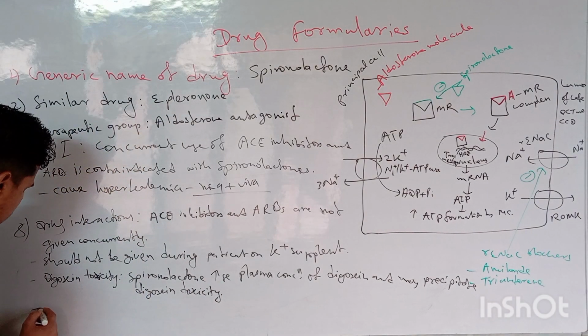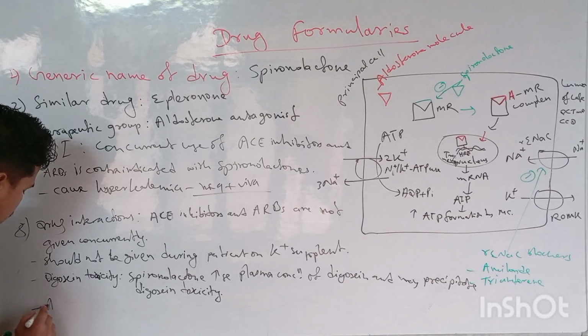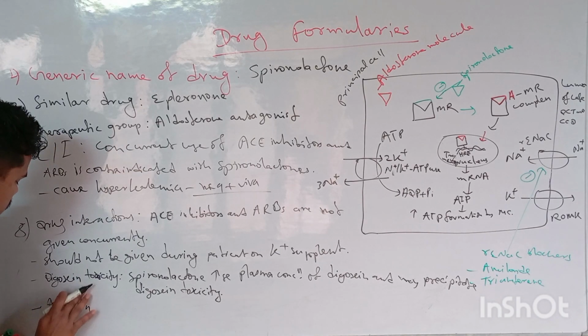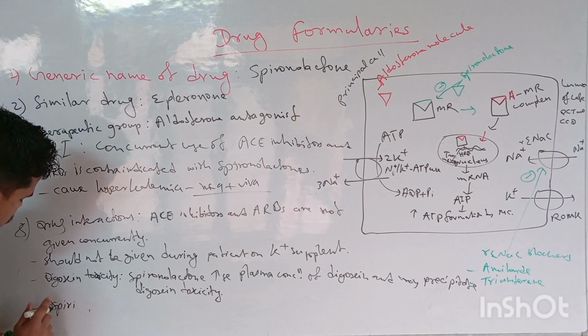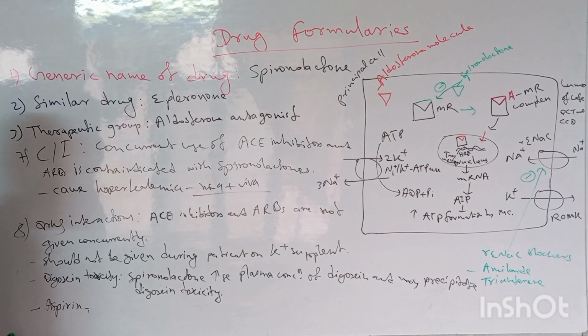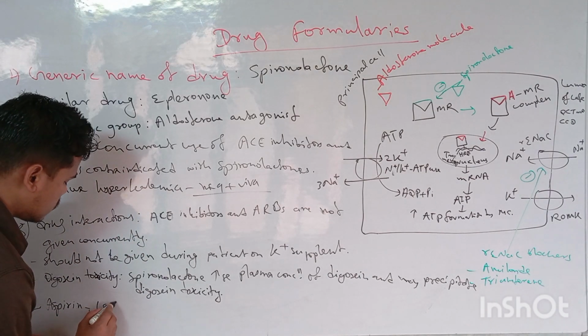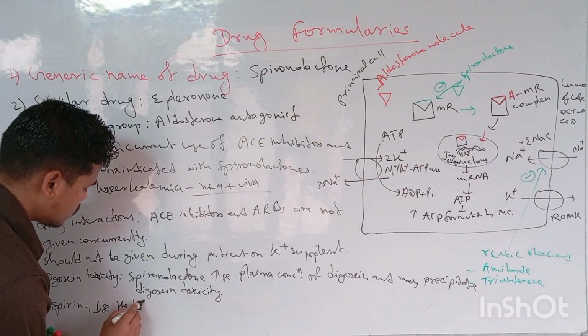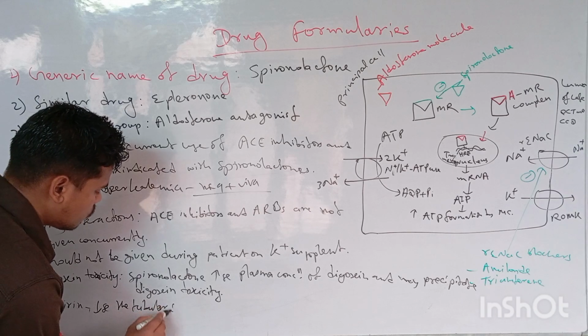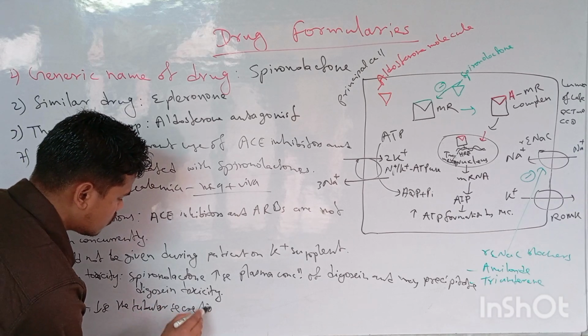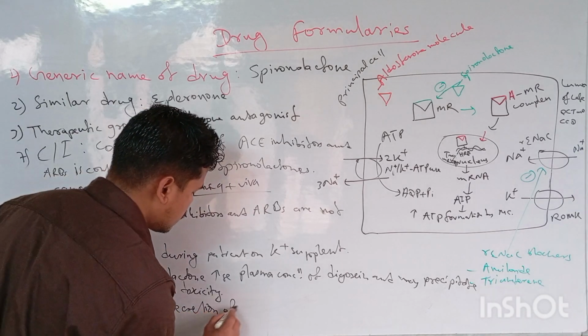And one more interaction will occur with aspirin. What does aspirin do? Aspirin decreases the tubular secretion of spironolactone.